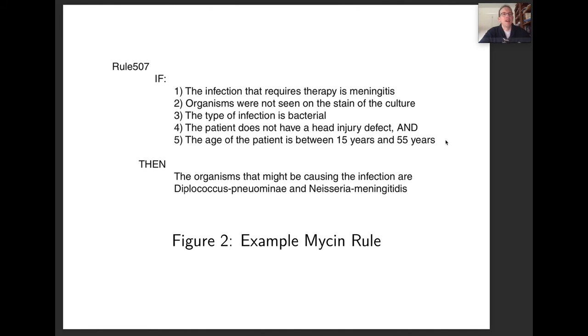So in this case, Rule 507: there are these ifs and then there's a then. If the infection that requires therapy is meningitis, and the organisms were not seen on the stain of the culture, the type of infection is bacterial, the patient does not have a head injury defect, and the age of the patient is between 15 years and 55 years, then the organisms that might be causing the infection are these things that I am sure I would mispronounce.